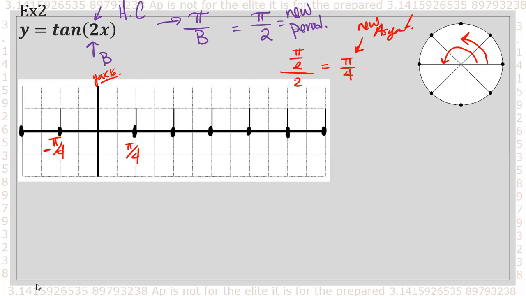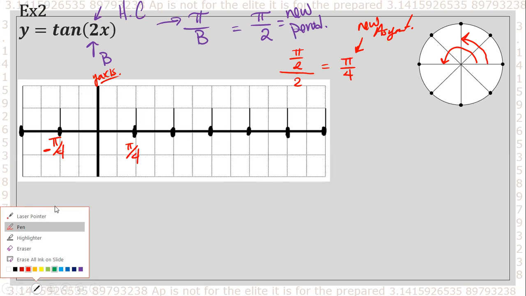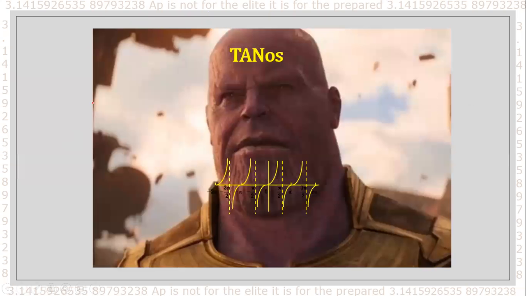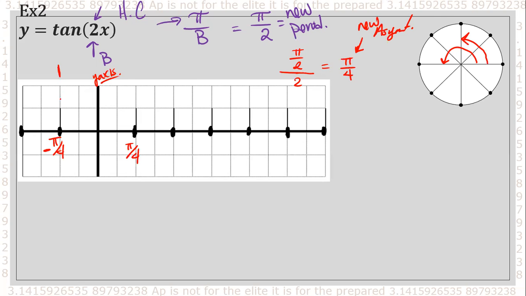Okay. Now, I know what you're saying. You're like, well, what just happened? Well, keep in mind this right here. Since I have my new asymptotes, and I saw that it compressed by 2, it will not be at pi over 2. It will now be at -pi over 4.